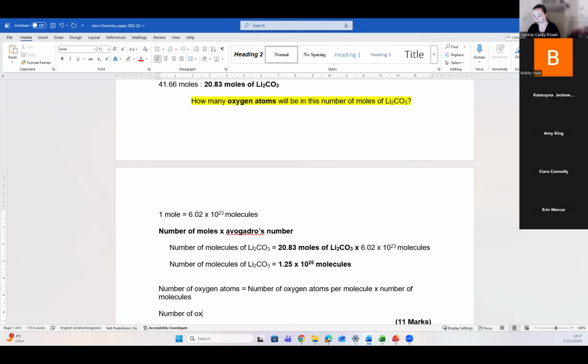From looking at my molecular formula, how many oxygen atoms do I have on each formula? 3. Yeah, exactly. So that's 3 atoms of oxygen per molecule.